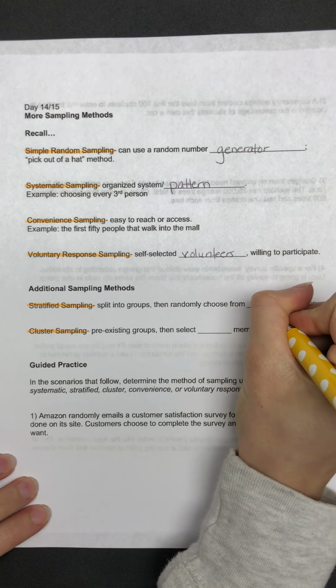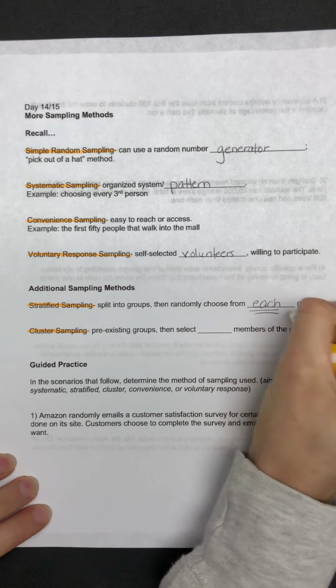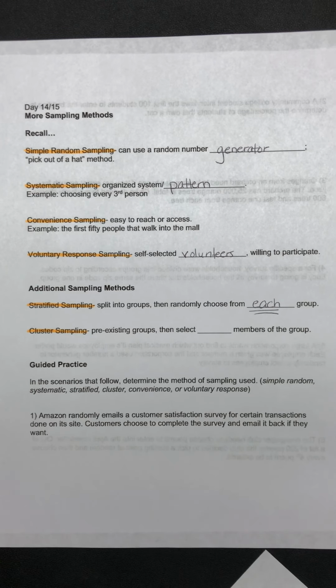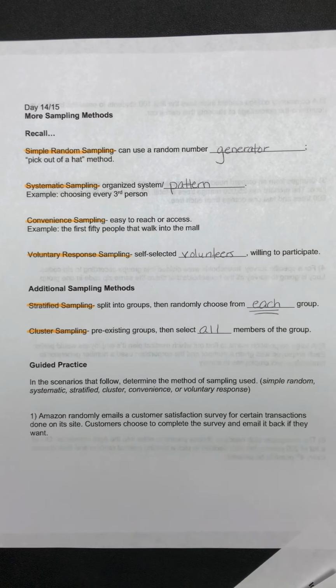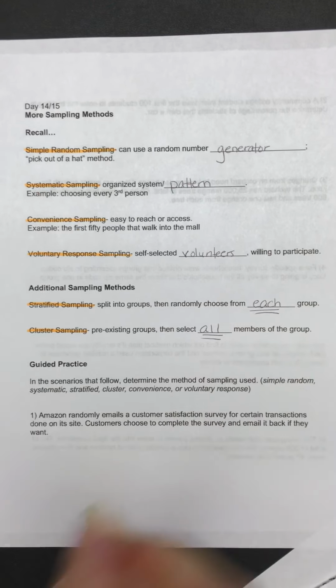So really the key word here is the word each. So I'm going to split up maybe by zip code, by where somebody lives, and then I'm going to choose maybe 5 people out of each neighborhood or each group. Okay, cluster sampling is you have pre-existing groups, so the groups are already made up, but then you're selecting all members of the group. Okay, so the key word here is all.